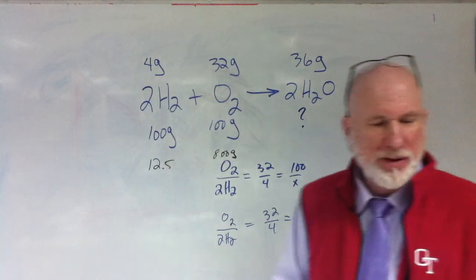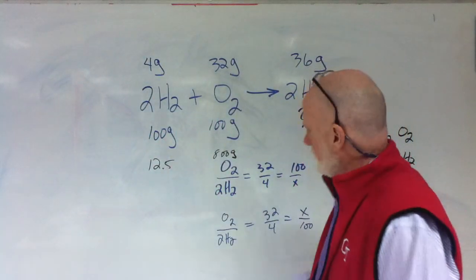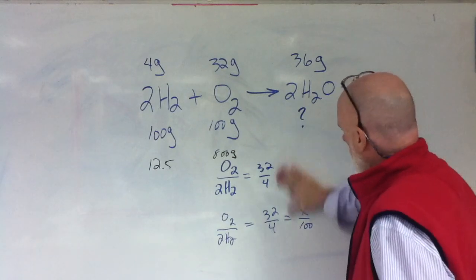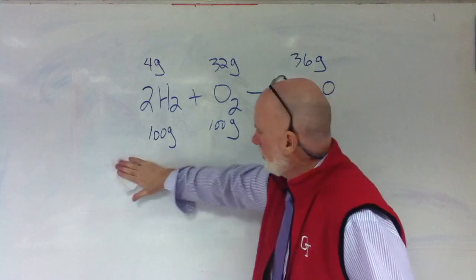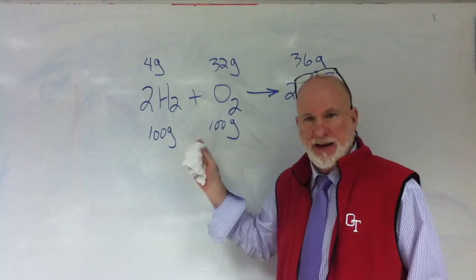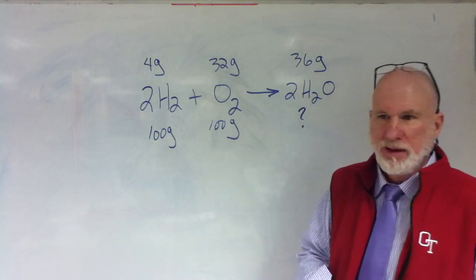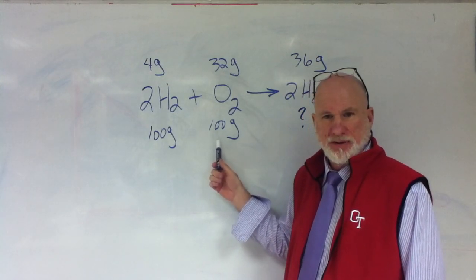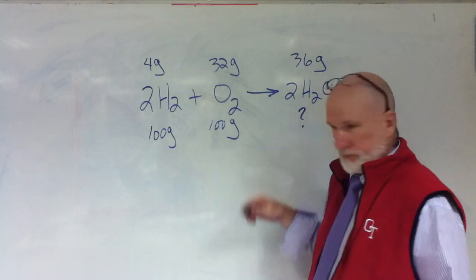Fairly straightforward. I'll give you one that's a little more difficult to see, another problem, but let's use this problem for a moment. We know that this is going to be limited by the amount of oxygen, correct? Now, if I burn 100 grams of oxygen with excess hydrogen, how much water will I get?